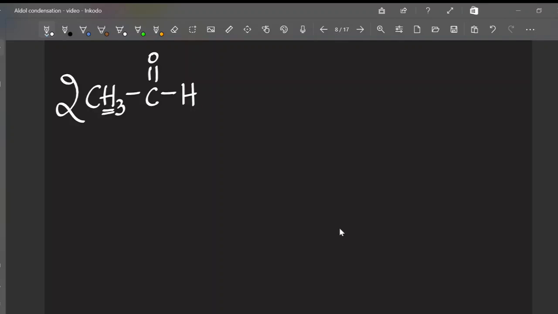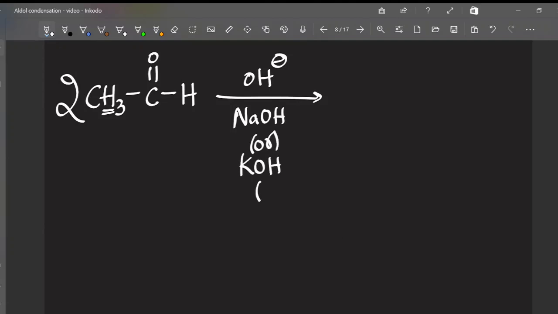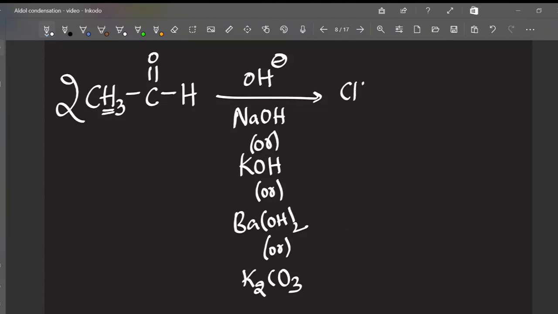Once it starts reacting with a base, that is a strong base, we can take NaOH or KOH, or barium hydroxide, or we can even take the salts of strong bases and weak acids, which is nothing but K2CO3, potassium carbonate. What do we get in the first step? A beta hydroxy carbonyl compound, right?